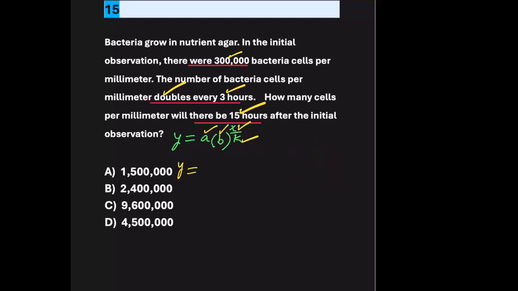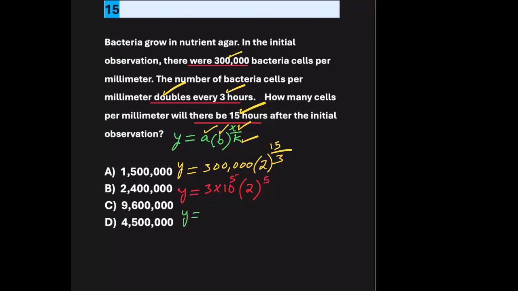Y is equal to A, the 300,000, times a factor of 2, which is B. So we have 2 to the power of X, which is the 15 hours, divided by k hours. So we have 3 here. And Y is equal to, we can write the 300,000 in short form, 3 times 10 to the power of 5. And that 5 is the 5 zeros. Times 2 to the power of 15 divided by 3, which is 5.